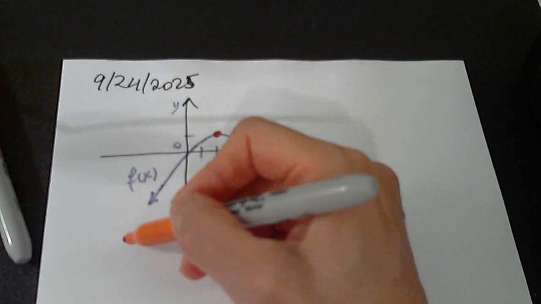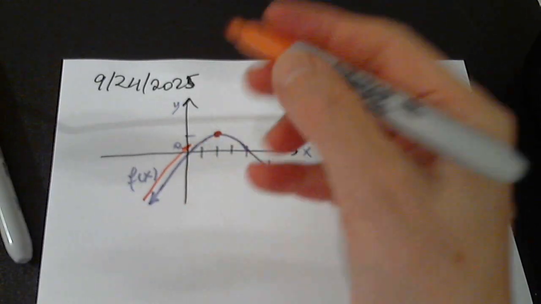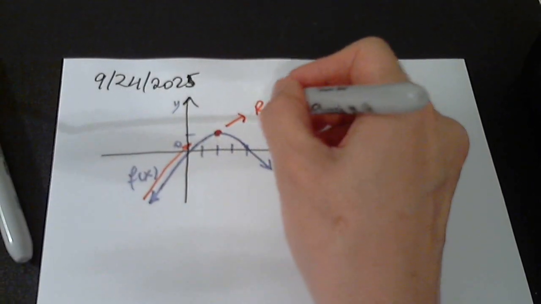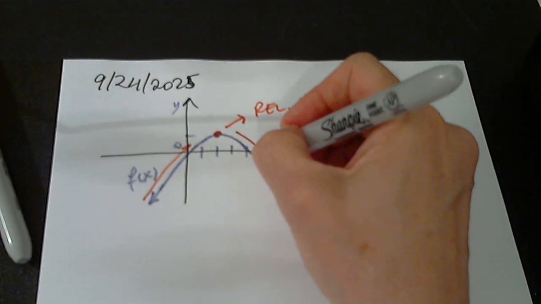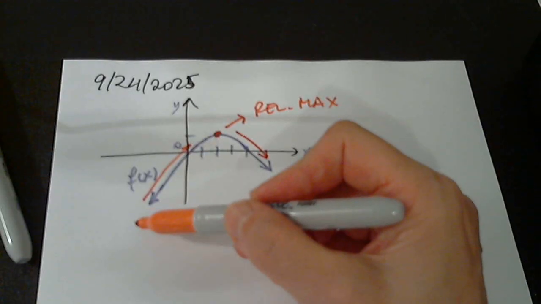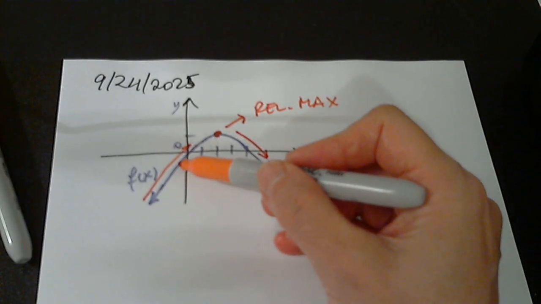So obviously the function is increasing till this relative max, and then it starts decreasing. Simply follow the marker. Up, up, up, up, up.